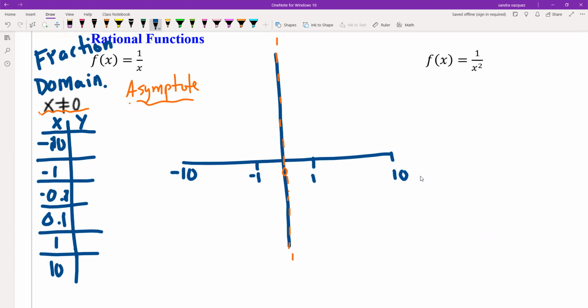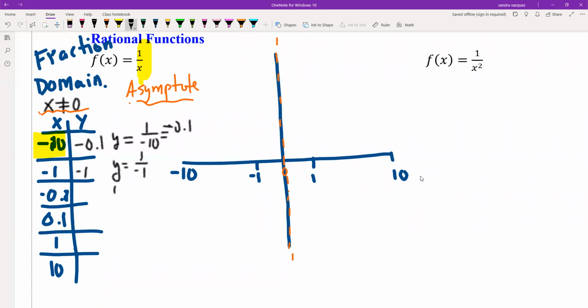Okay, now go ahead and use a calculator. And you need to plug in this value into your function, okay? So when you do, this is going to be y is equal to 1 over -10. As a decimal, it happens to be -0.1. So this is -0.1. Okay, go ahead and plug in the -1. When you do, y is equal to 1 over -1. That's equal to -1.